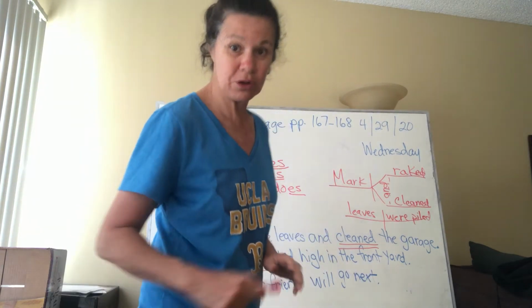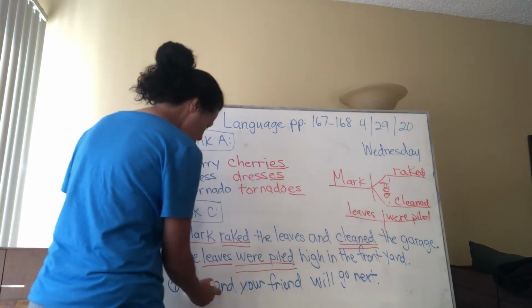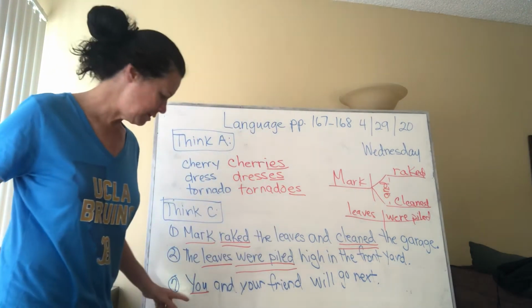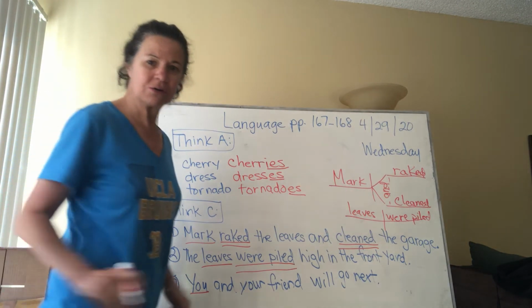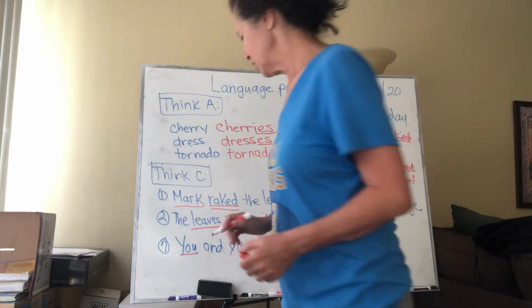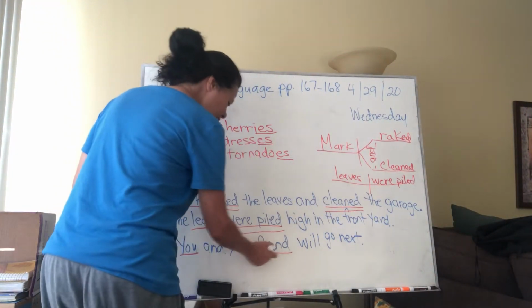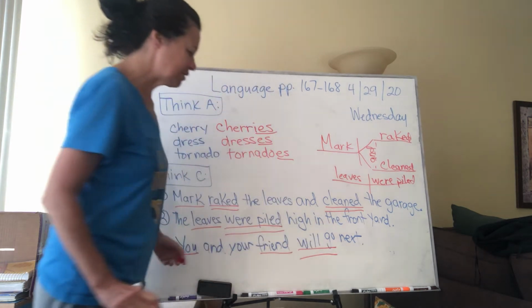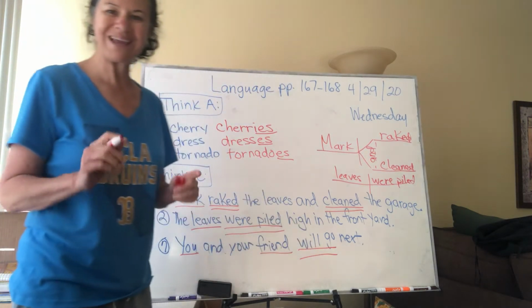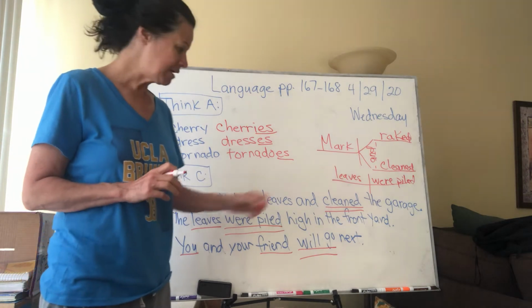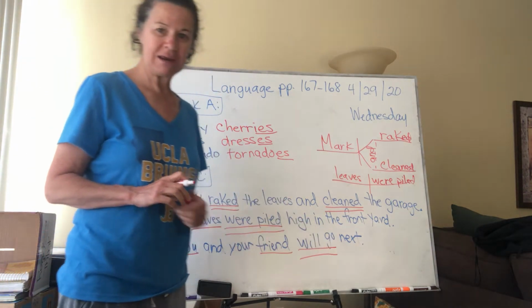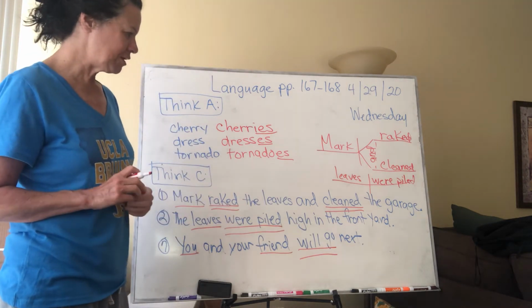So who or what will go next? You, underline once. Can you see that? Can y'all see that right there? You can't see that very well. Let's try that. There we go. You and your friend, your verb, will go. Now, once again, even though there are 2 words, that is not a compound verb. That is a verb phrase, okay? A helping verb and an action verb. You and your friend will go next.